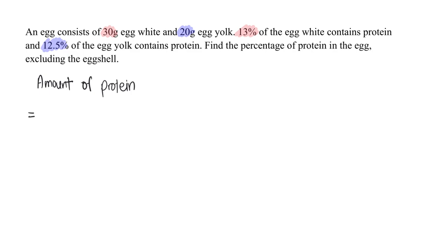So you will see here 13% of 30. I will add that to 12.5% of this 20 grams for the egg yolk. This would then give me the amount of protein, 6.4 grams.